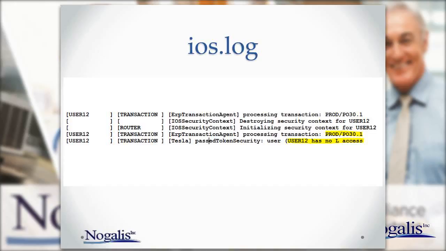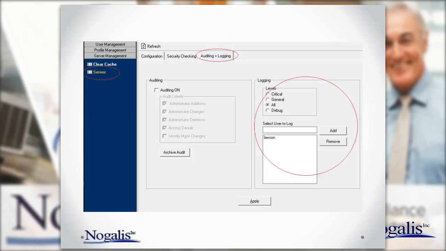This log shows me that the user has no L access. What that means is that there's a function code L on PO30.1 that this user didn't have access to. You wouldn't be able to get this information any other way. It would be pretty hard to debug this type of thing without this kind of log. So I thought it made a good example. It was very timely, and it just happened literally two or three days ago, so I put it in here.